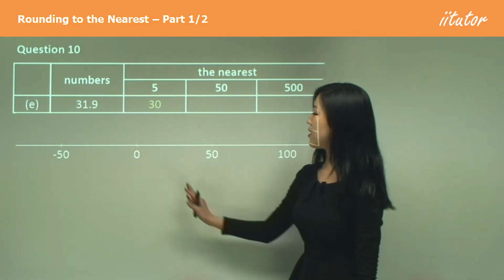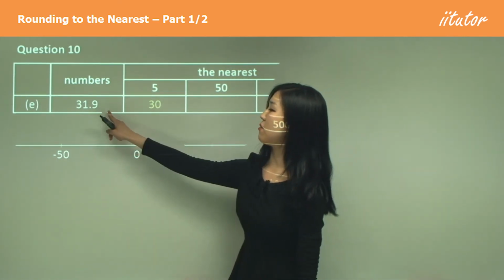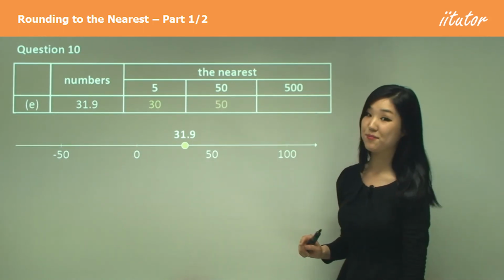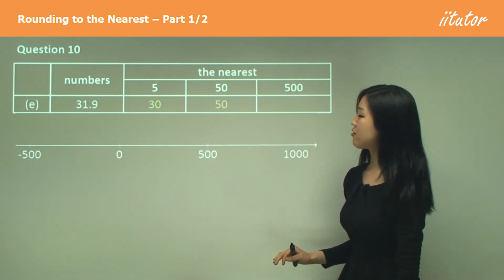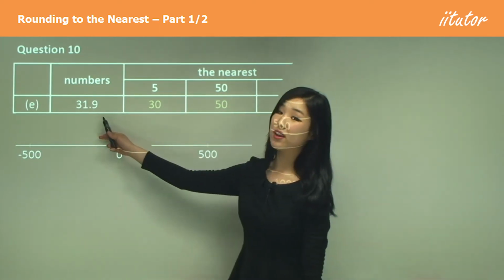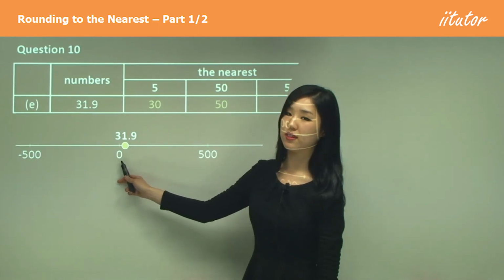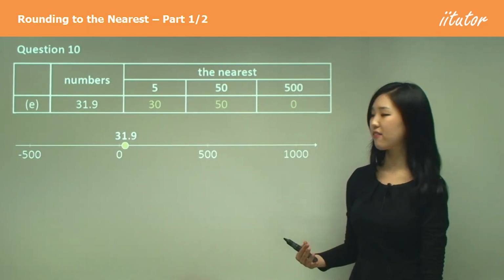And 31.9, somewhere in here, the halfway mark is 25, so that one must be over to the right, so 50 over here, nearest to 50, okay? And 500s, we're going to go up by 500 times. 31.9, that's a very small number compared to 500, so it must be to the left. So this one's just 0. Okay, so get the hang of this, very, very repetitive.